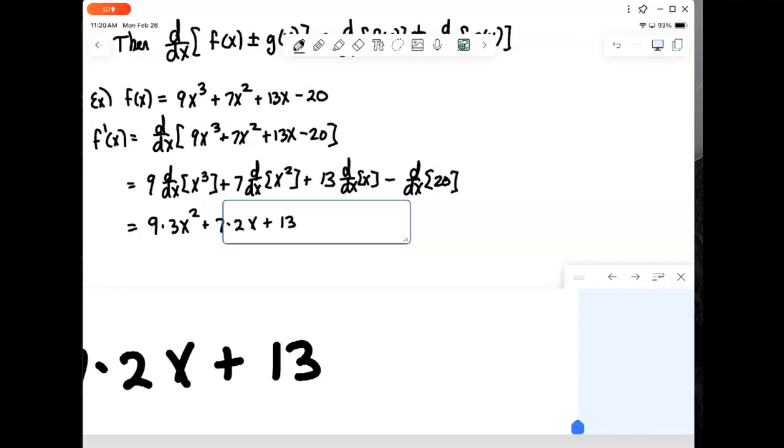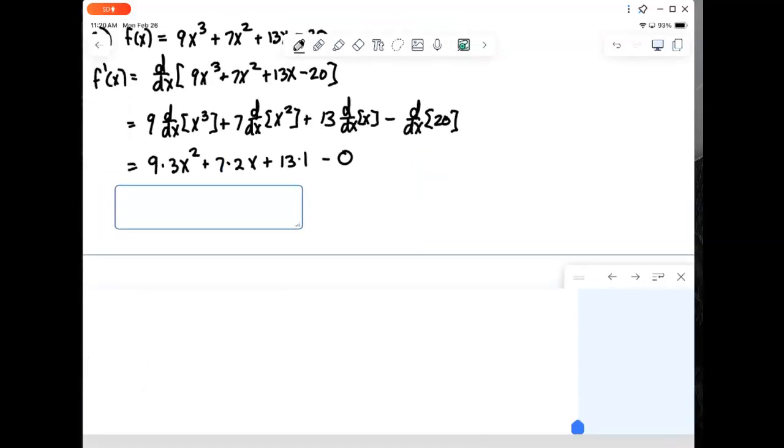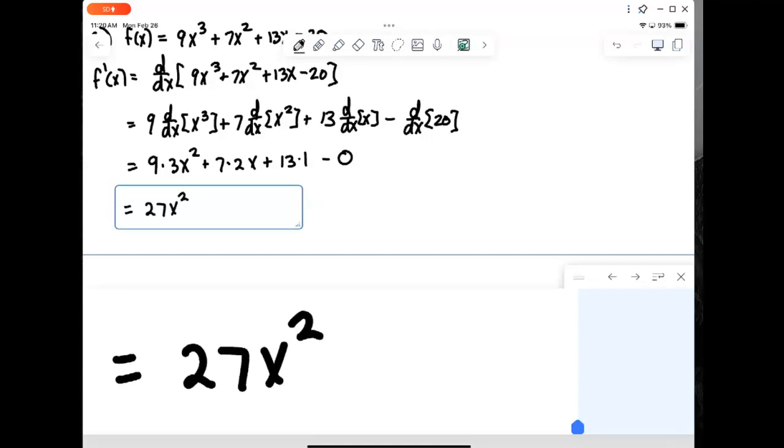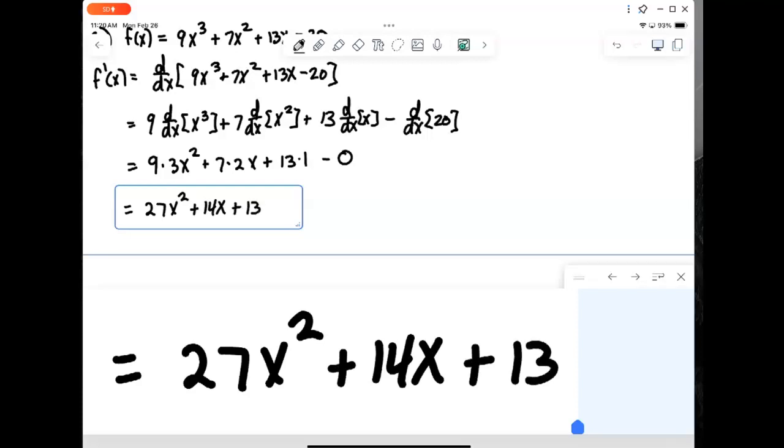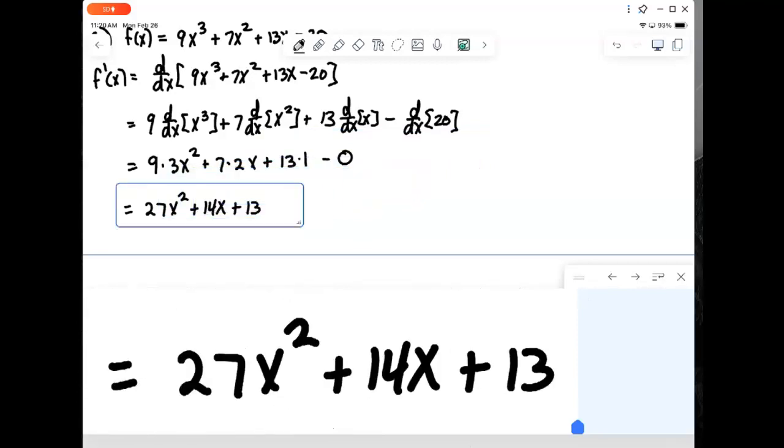So that would be 13 times 1. And derivative of 20 is a constant, so that would be 0. And then we just clean that up. And we get 27x squared plus 14x plus 13 minus 0, which would just be still just 13.